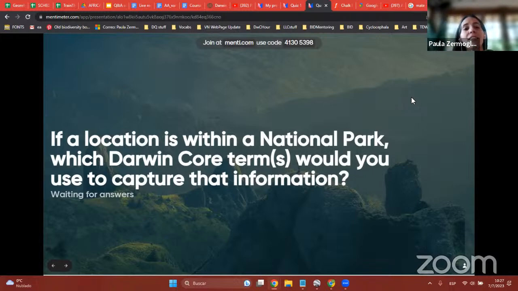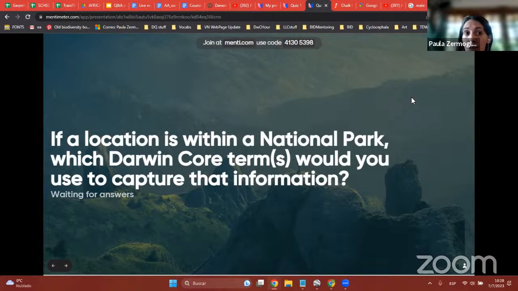So this is the exercise that is also related to the pre-course exercises. And let me stress again that it is super important that you get familiar with the Darwin Core standard, with the definitions of each term, and that you try to understand the kinds of values that each term allows.